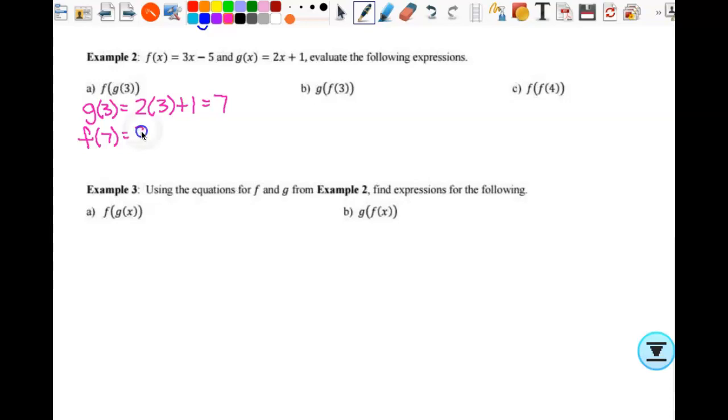And that's going to give me 3 times 7 minus 5. 21 minus 5, that is 16. So that means that F of G of 3 equals F of 7, which equals 16.